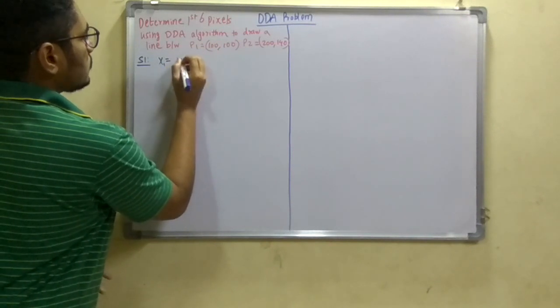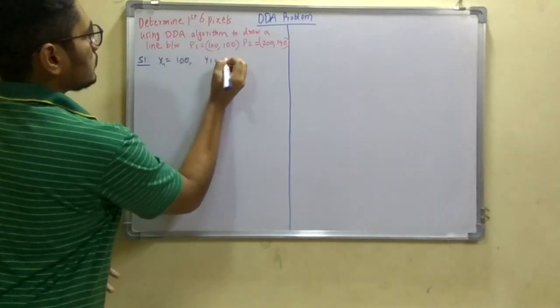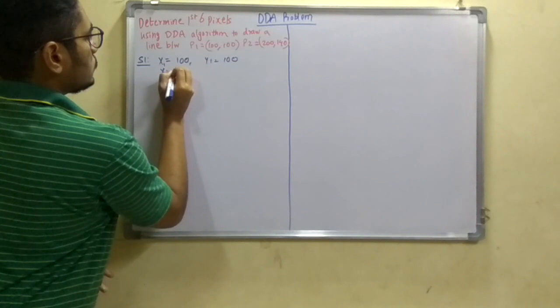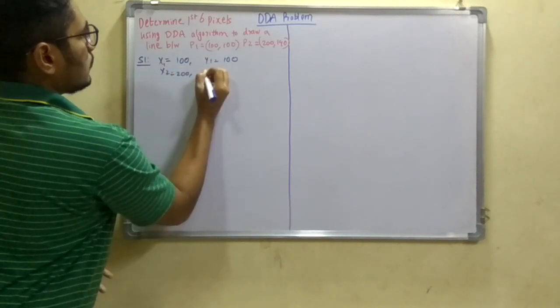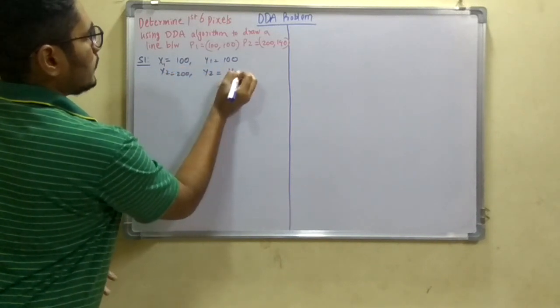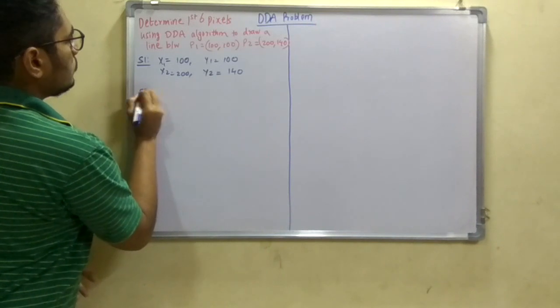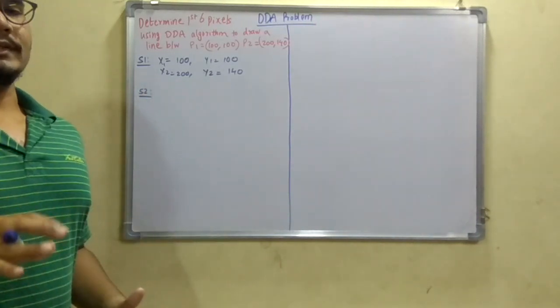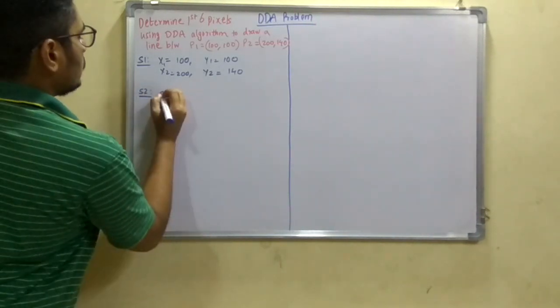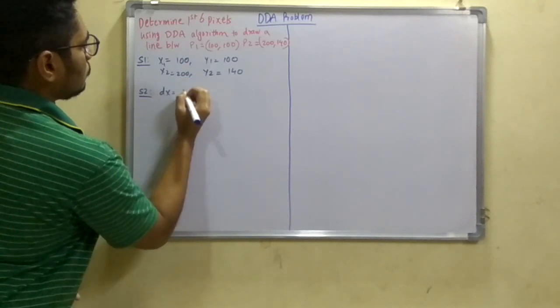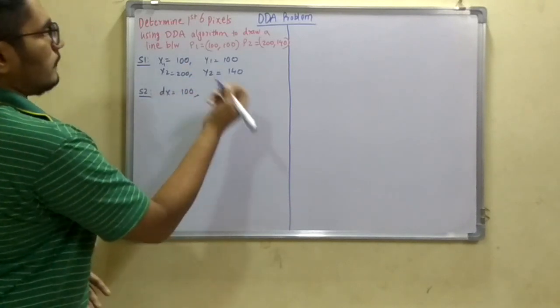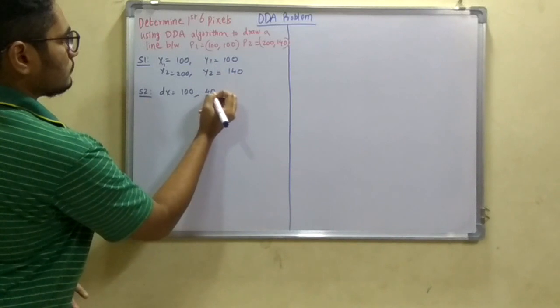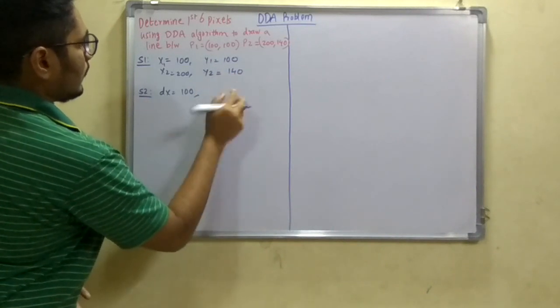So x1 is 100, y1 is 100, x2 is 200 and y2 is 140. Step 2 is to calculate the differences, dx and dy. So dx is x2 minus x1, that is 100, and y2 minus y1 is 40, that is dy.